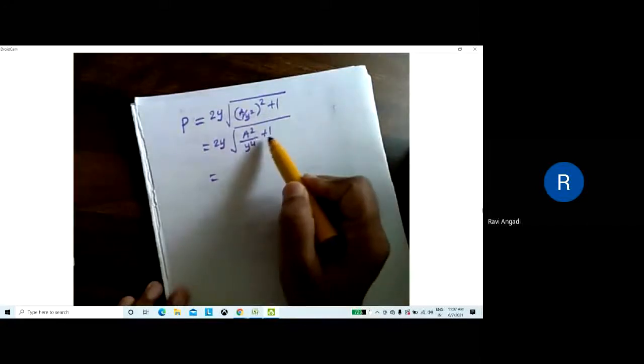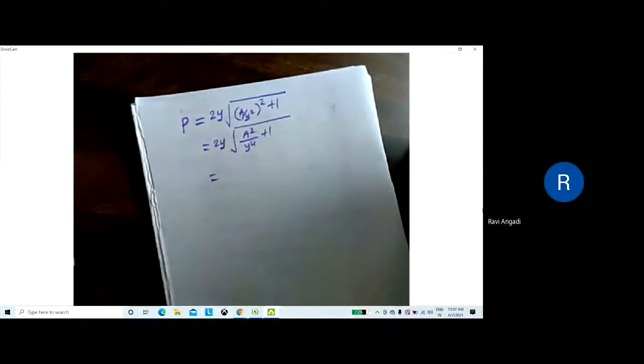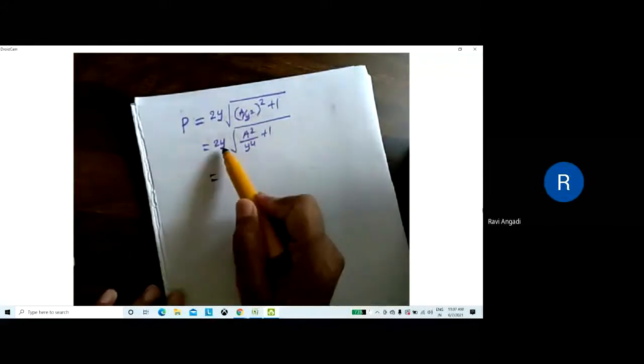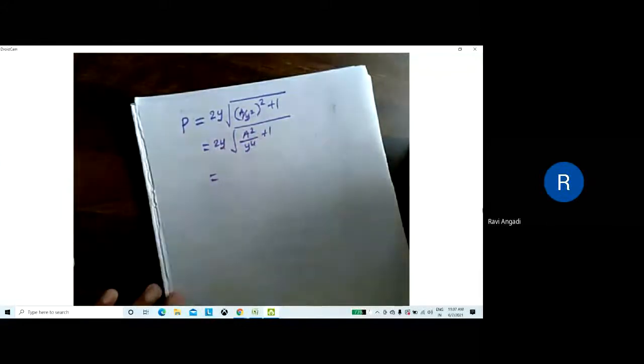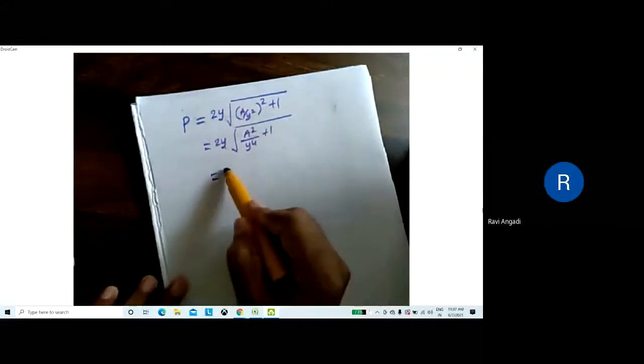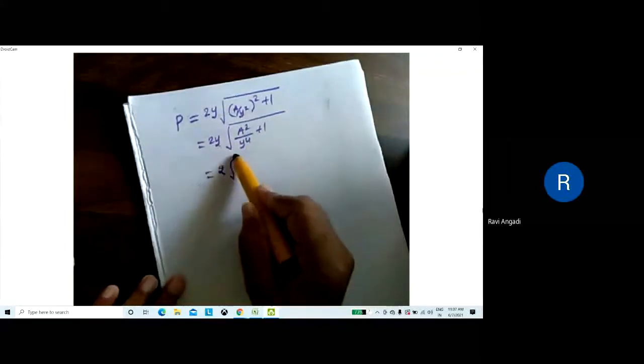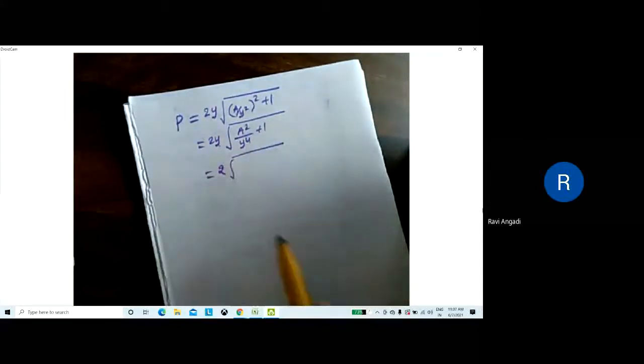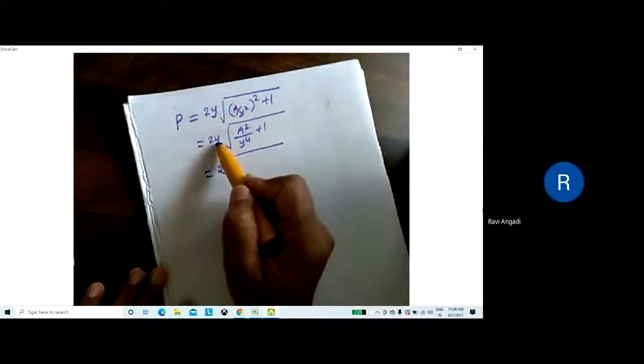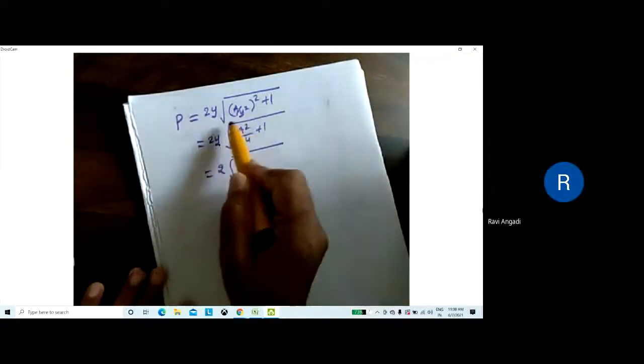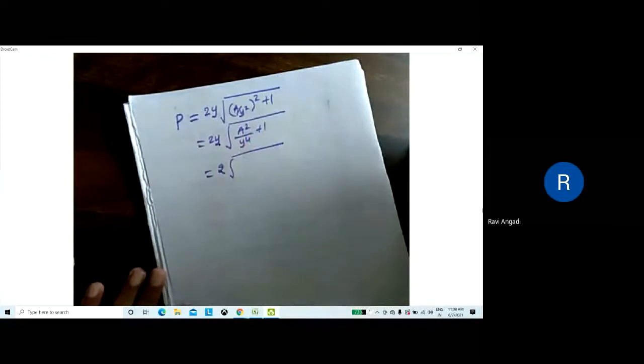Then simplify further. Take the LCM Y raised to 4, or else take this Y inside. If you take this Y inside the square root, it becomes Y square.